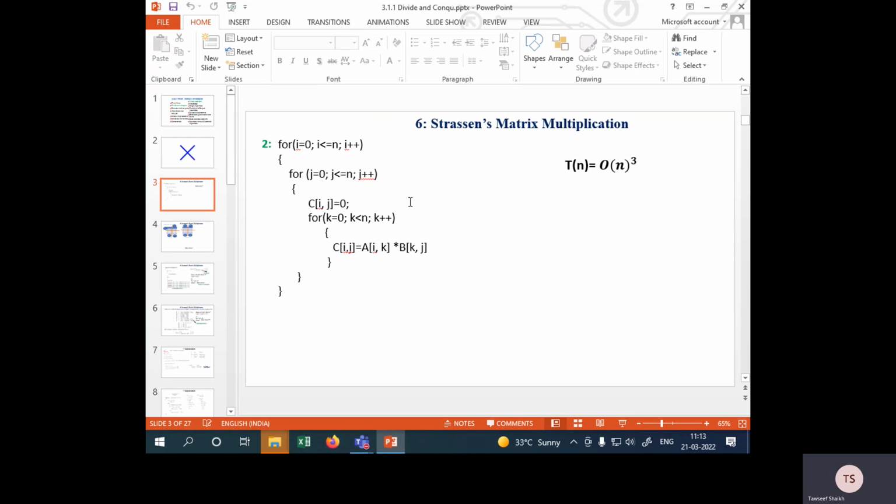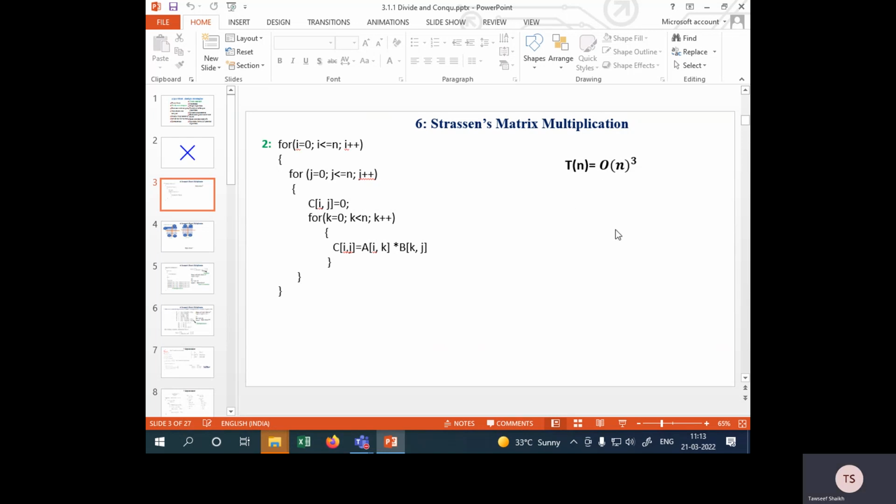This is nothing new. If you visualize the control flow of this pseudocode by taking i equal to 0, then this is a nested loop, j equal to 0, then again another nested loop, you will find we trace all the elements, multiplying the row with the column at each iteration.